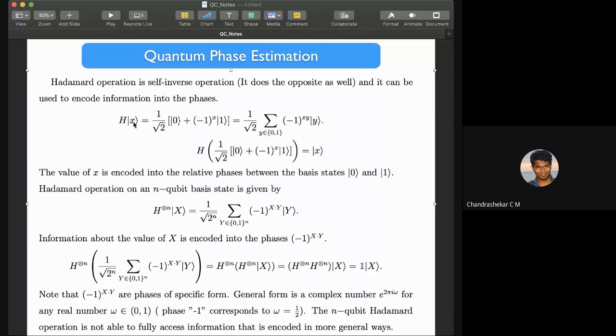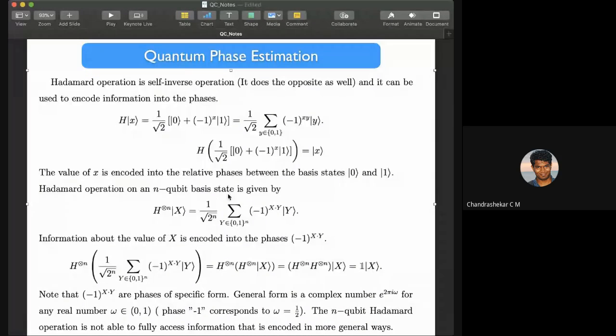The value of x is encoded in the phase term. I have a state x, I don't make a measurement on it or anything, but that information is encoded in the phase term. The phase term is something which we get out of measurement, so we can always have the information of the state by getting it into a phase term.